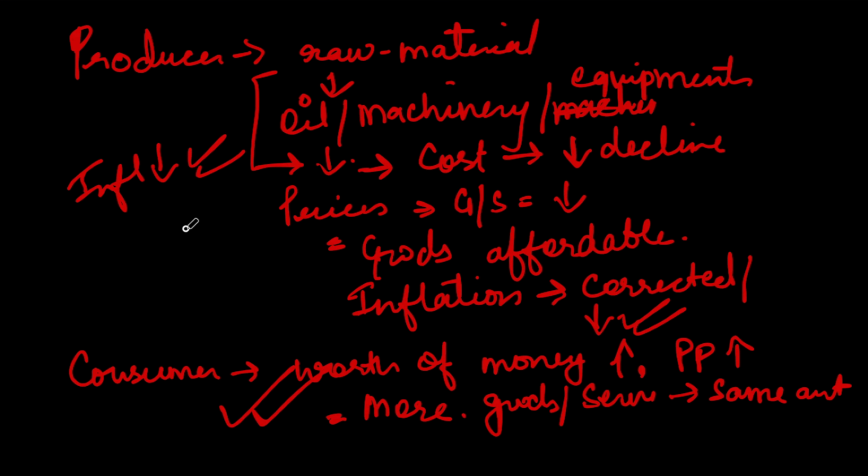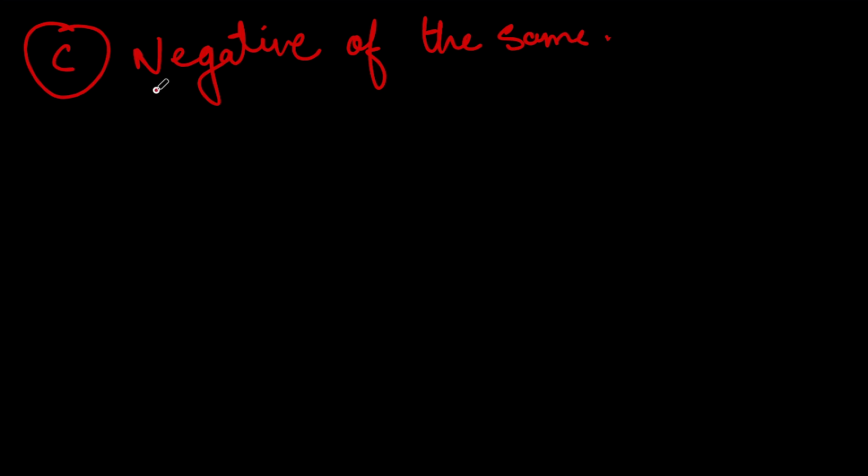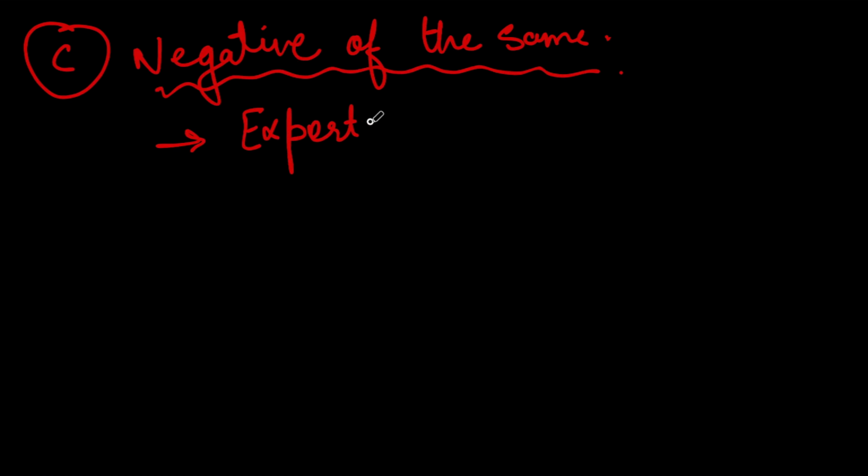You may also be asked to talk about the negative impact of the same, wherein we are talking about the appreciation. The negative impact would be that when imports are increasing, we are purchasing more, and exports will decline.